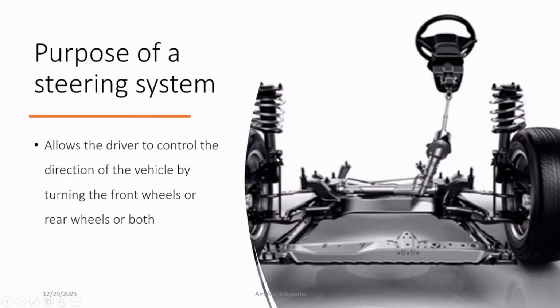The main purpose of the steering system, as you all know, is to control the vehicle's direction by changing the angle of the front wheels or rear wheels or both. I hope you are all familiar with the front wheel steering system, the most common configuration in available automobiles and heavy vehicles.